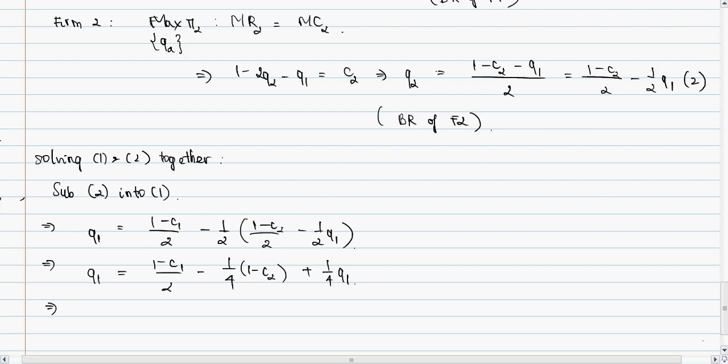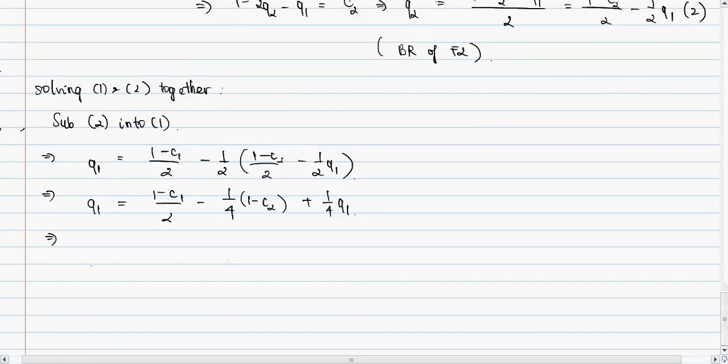And if I move every Q1 to the left hand side of this equation, I will be able to get 3 on 4 Q1 equal to this is half, this is minus C1 on 2, minus 1 on 4 plus 1 on 4 C2.